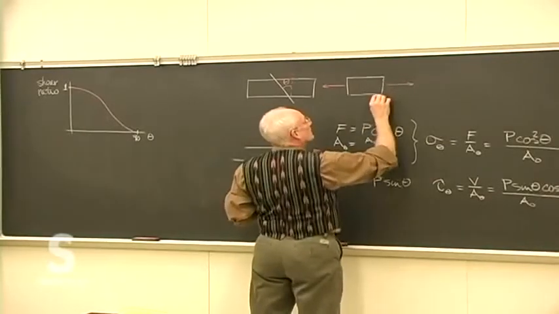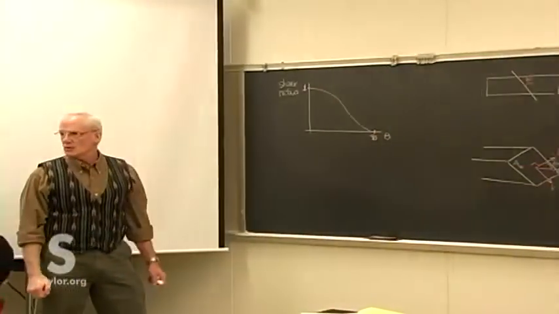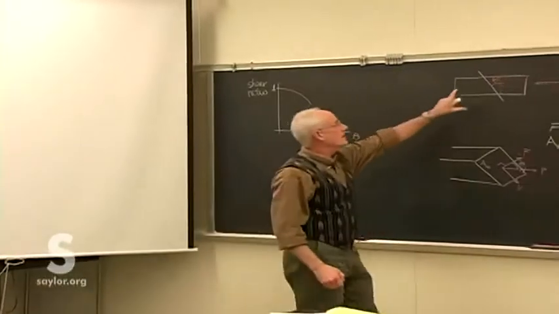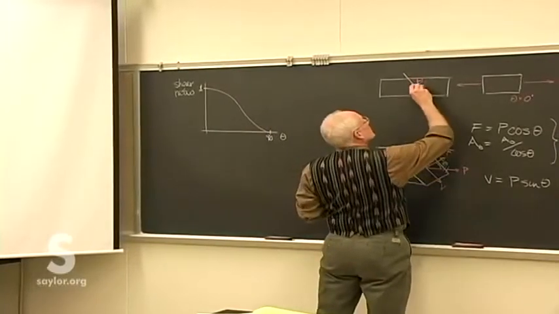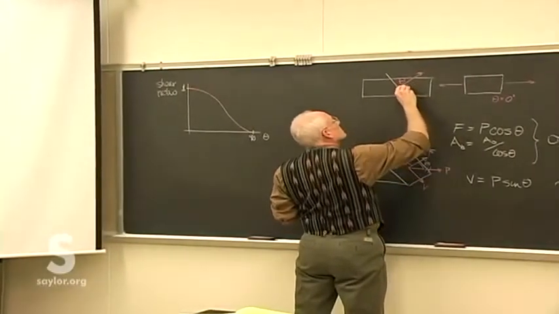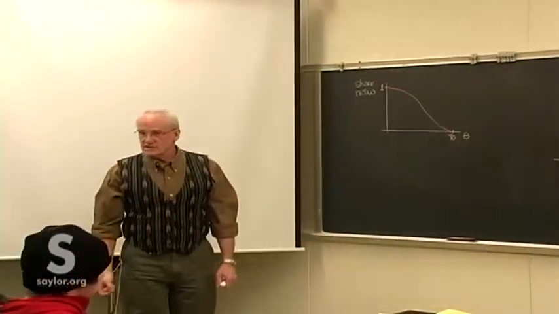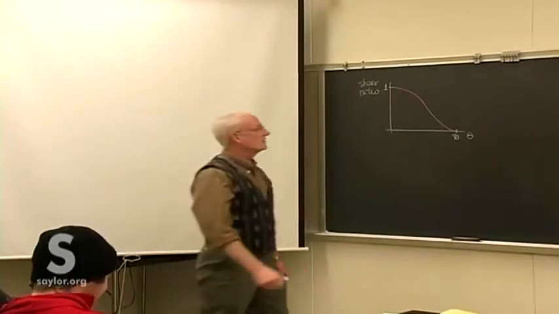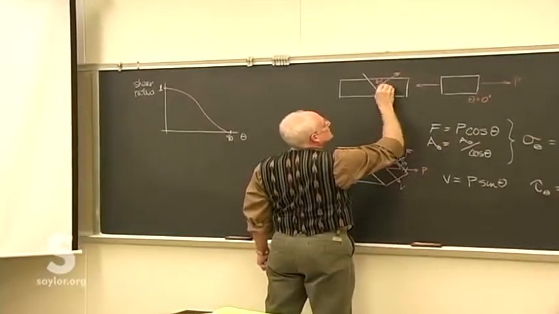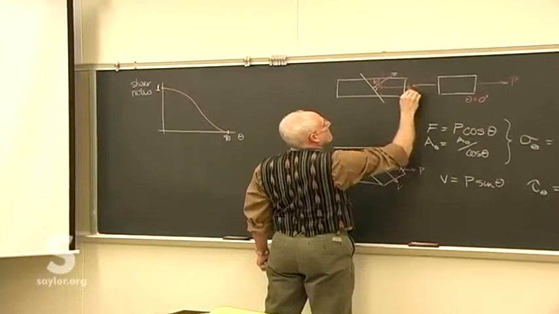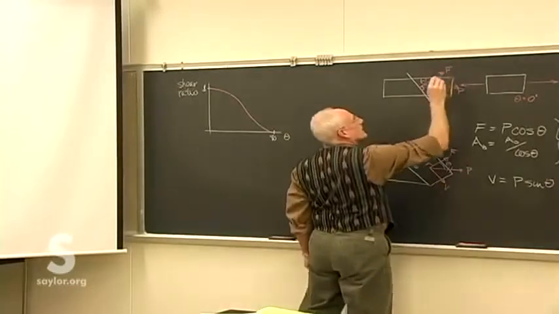Can't even draw it because it's 0. That's where we're going to find the maximum normal stress. Any other angle from there, the normal stress drops. And remember, this is the normal stress, normal at all times to whatever face we're looking at. It's not that there's more forces, it's just that as we go to oblique angles, the original force has different components to it that we have to account for.